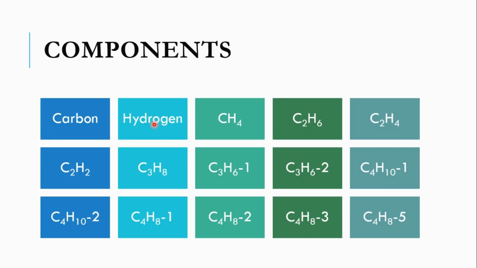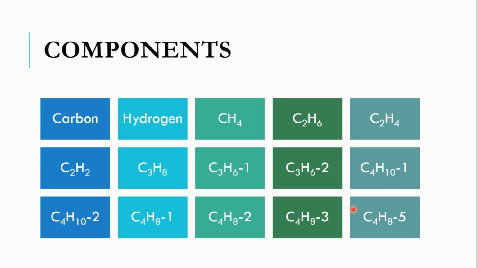To capture the possible products, we include a range of hydrocarbons, including methane, ethane, ethylene, acetylene, propane, propylene, butanes, and butenes. By including multiple possible products, Aspen Plus can determine which hydrocarbons are thermodynamically favored under the specified operating conditions. This approach eliminates the need to manually define reaction stoichiometry.